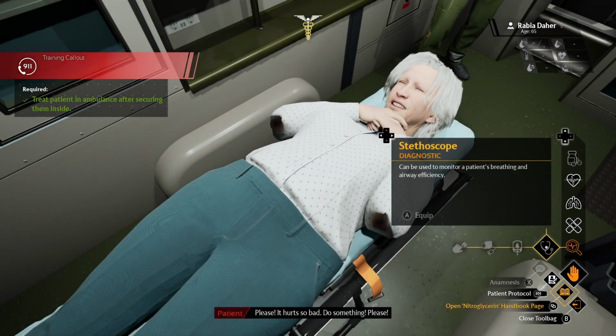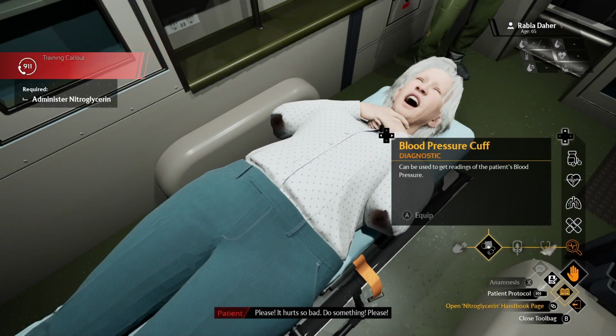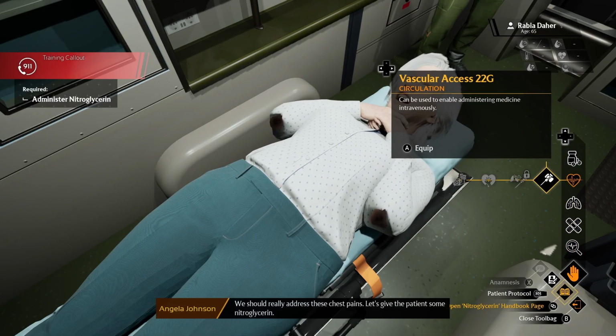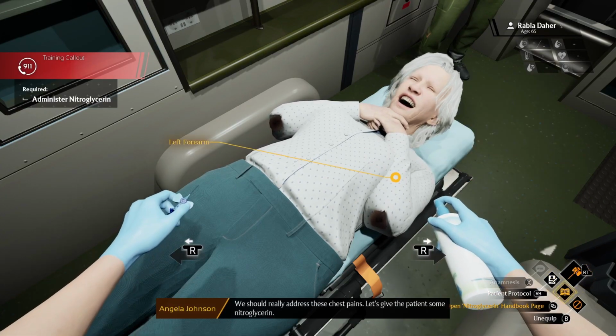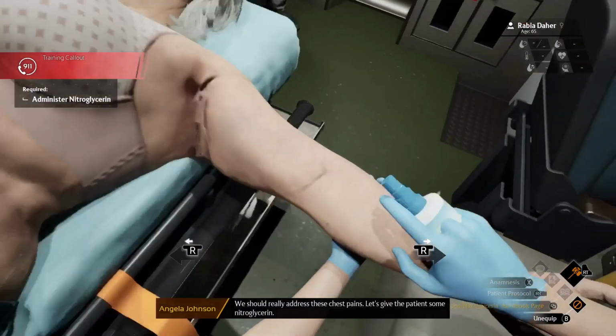Please. It hurts so bad. Do something. Please. We should really address these chest pains. Let's give the patient some nitroglycerin.